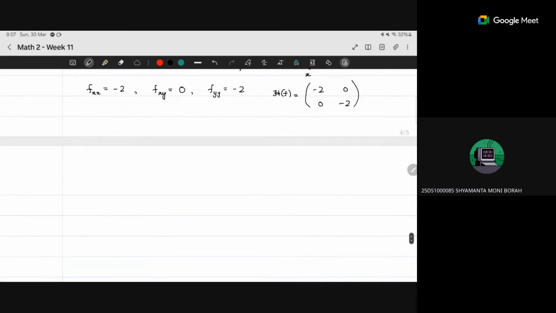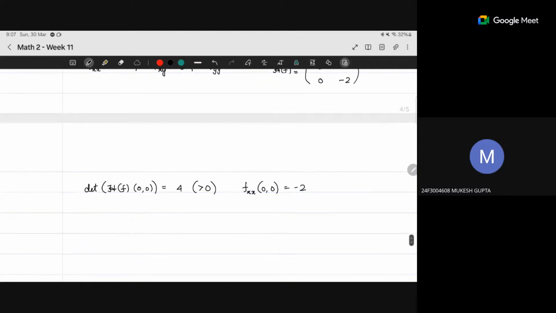I need to look at the determinant of the Hessian at (0, 0). That's plus 4, so this is positive. And fxx at (0, 0), the leading entry, is minus 2, which is negative. So what happens when you have negative and positive? Maximum, sir. Yes, maximum, definitely.